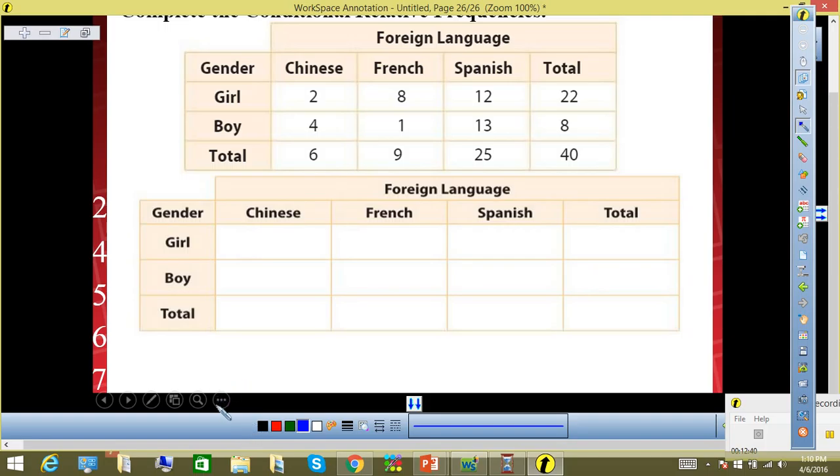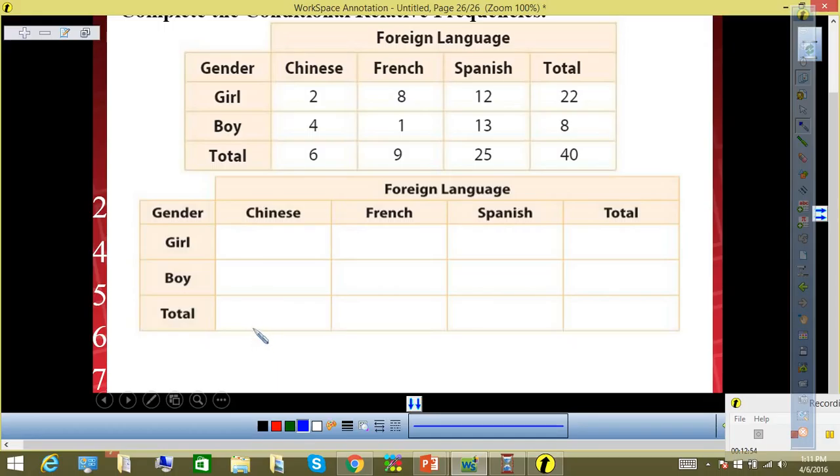Which cell do I want to focus on? Which are the joint relative frequencies?